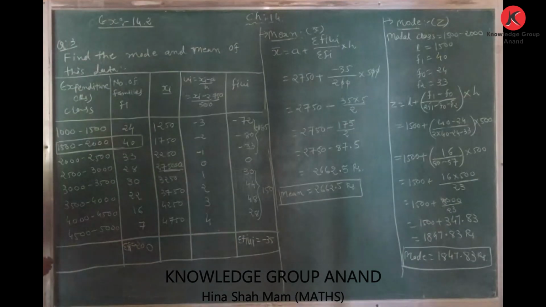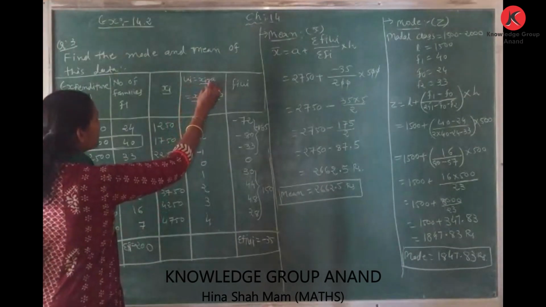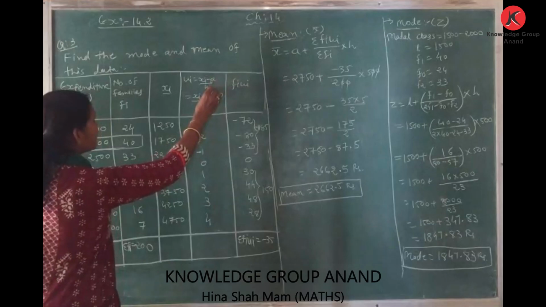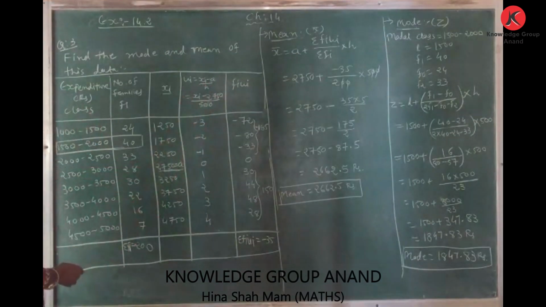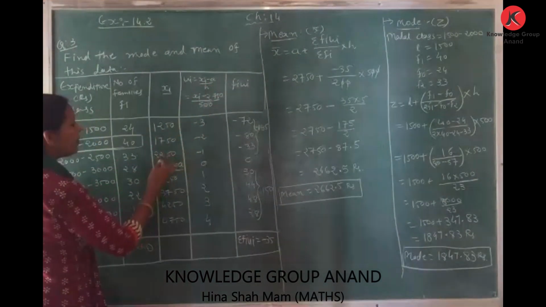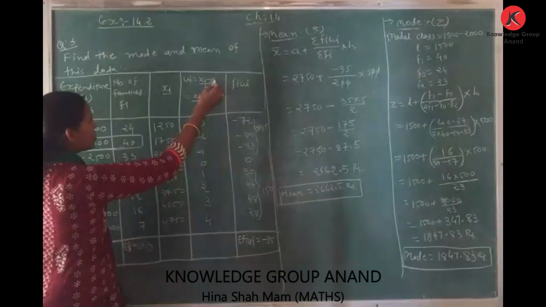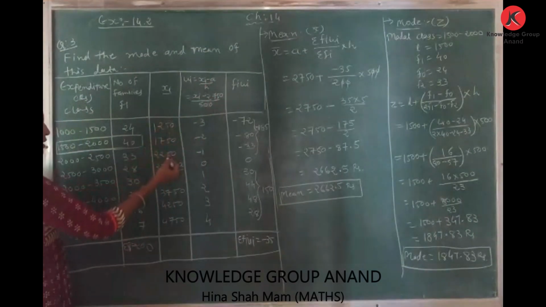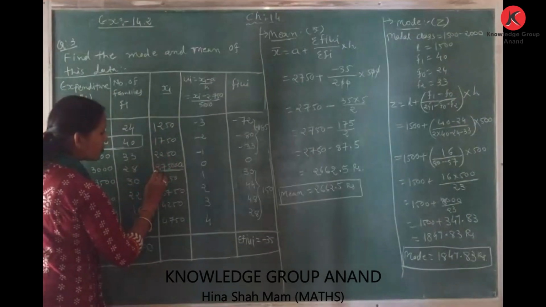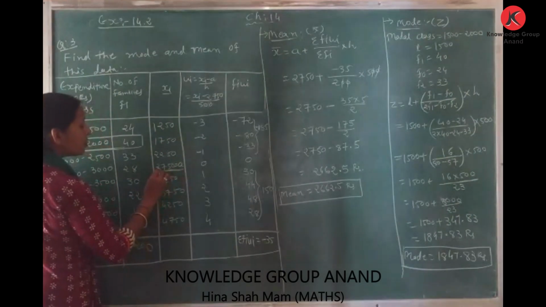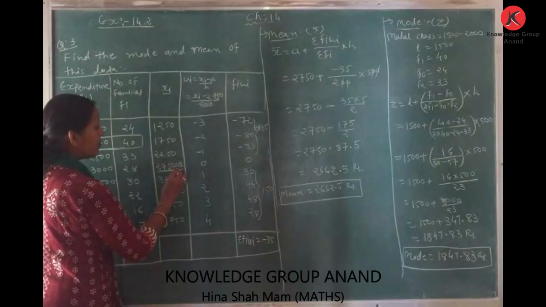Now we find ui. ui is equal to xi minus a upon h. We choose a, assuming it among the xi. Here we choose a equal to 2750.